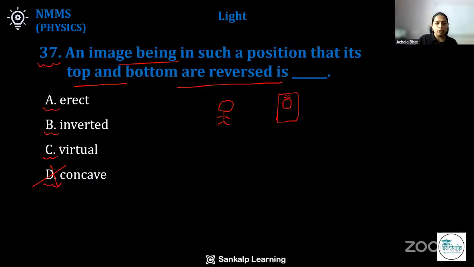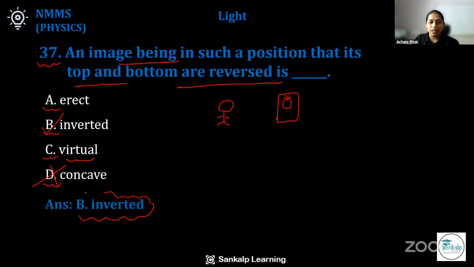Concave is wrong. Virtual images are erect, which means upright images. This is upside down, meaning inverted. Option B is correct. Inverted images, whereas this is an erect image. They are upright images or virtual images.